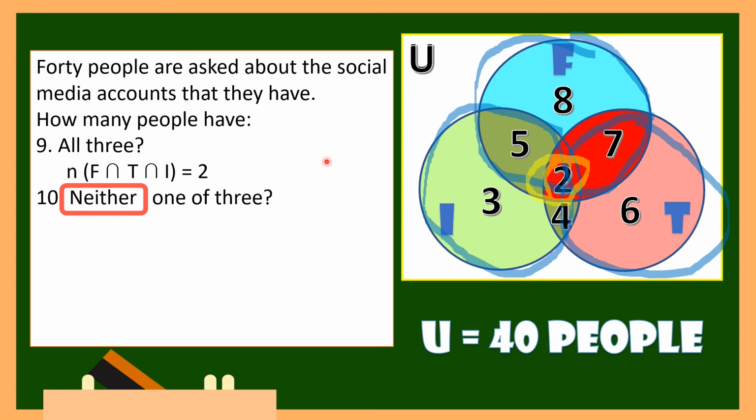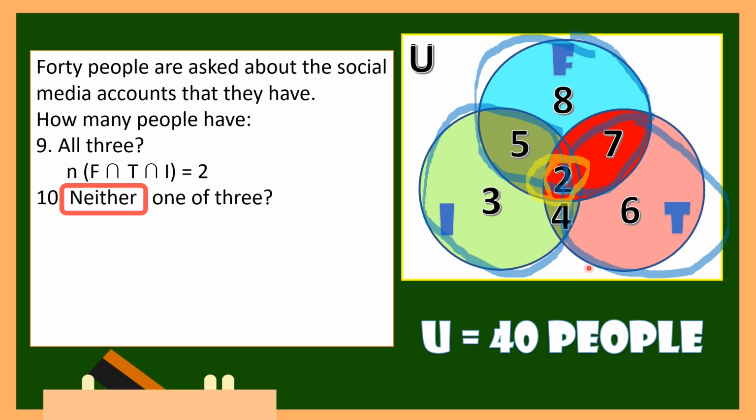Next, number 10, neither one of the 3. So, paano naman pag sinabi natin neither? So, ang hinahanap natin for this time is complement. So, paano nga ba pag sinabi natin complement? So, babalikan natin ngayon yung total number of participants natin, which is 40.